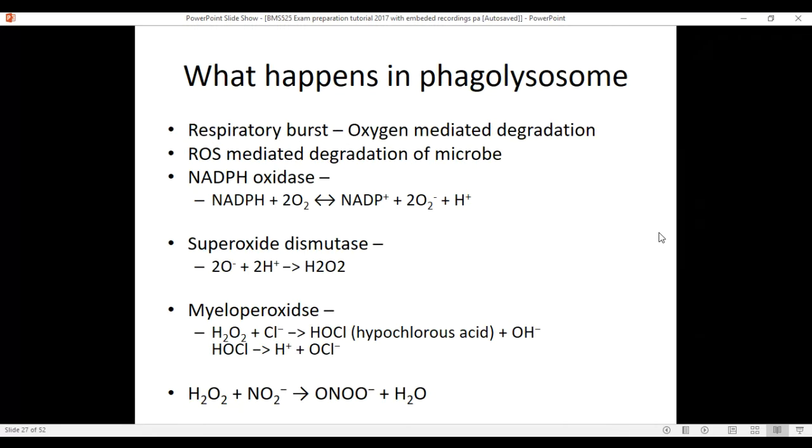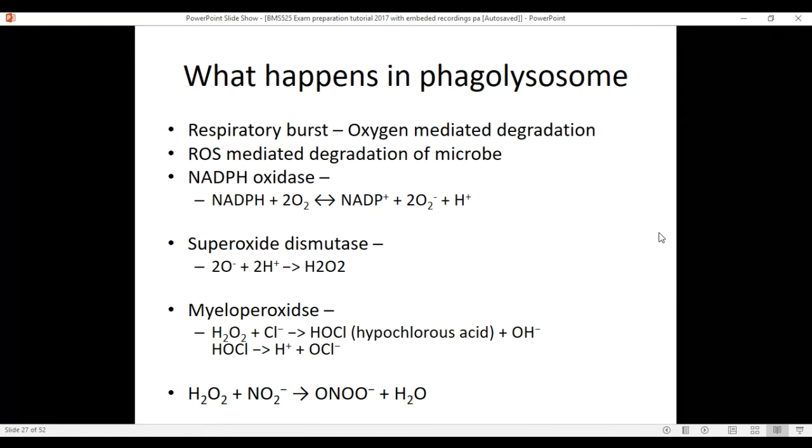Now what you need to discuss is, okay, we've got the formation of the phagolysosome. How does that result in the destruction of the pathogen? It results in the destruction of the pathogen through a whole range of processes, but the two main processes that you'll want to discuss are the respiratory burst and enzymatic mediated degradation.